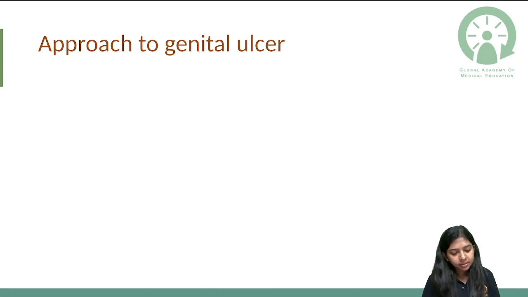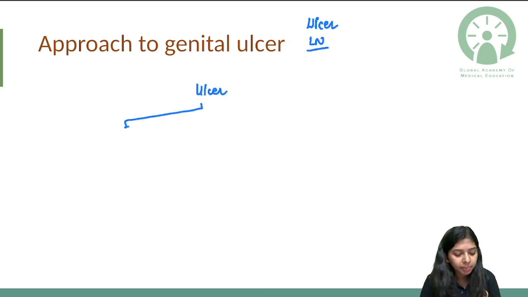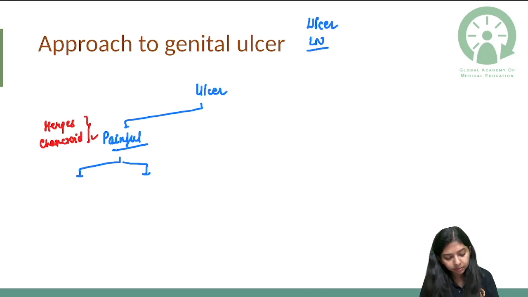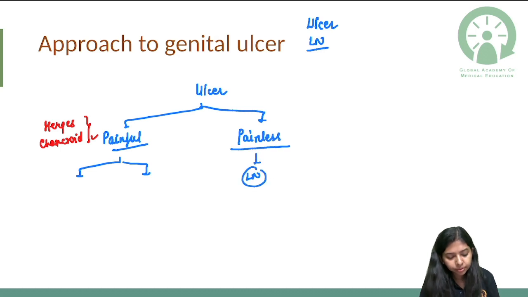Approaching a genital ulcer. See, you have to look at two things: the ulcer and the lymph node. If the ulcer is painful, you will think about two things, herpes and chancroid, because the rest three ulcers were painless. Then you look at the lymph node.